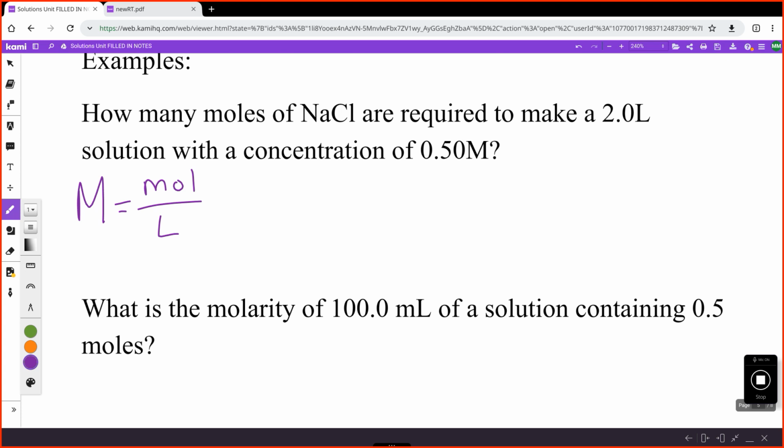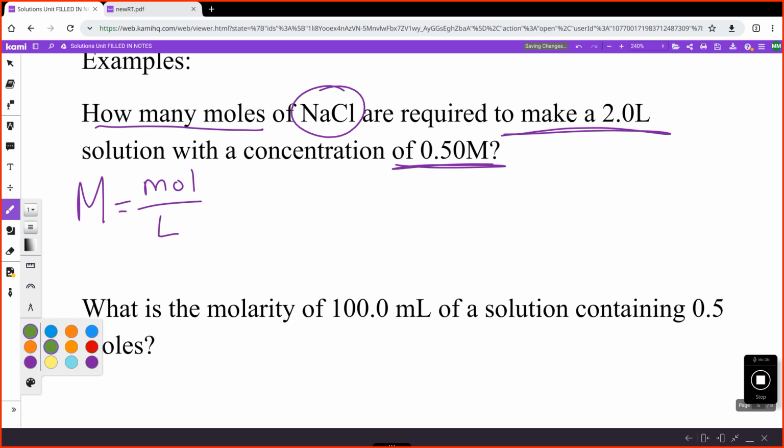The first two examples are really, really straightforward and simple. So you'll see. How many moles of NaCl are required to make a 2-liter solution if the concentration is 0.5 molarity? At this point, this is a very simple question, because it's literally just plug and calculate, as long as you plug things into the right places.